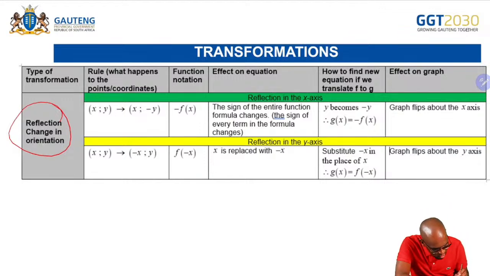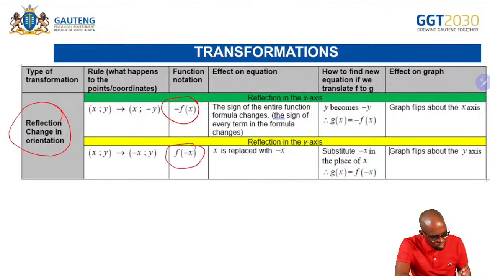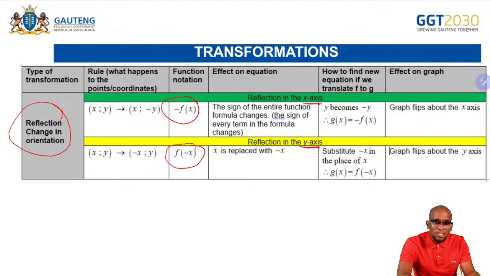Now, if you check here in the function notation, you will replace f of x with negative f of x. If it's the horizontal movement, you will replace x with negative x if it's reflected on the y-axis. If it's reflected on the x-axis, y becomes negative. If it's reflected on the y-axis, x becomes negative.